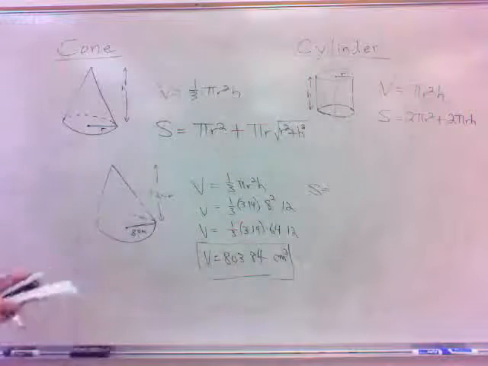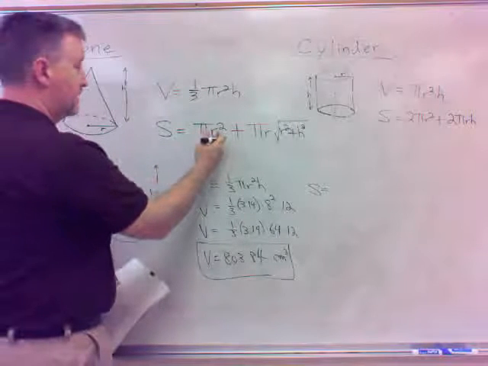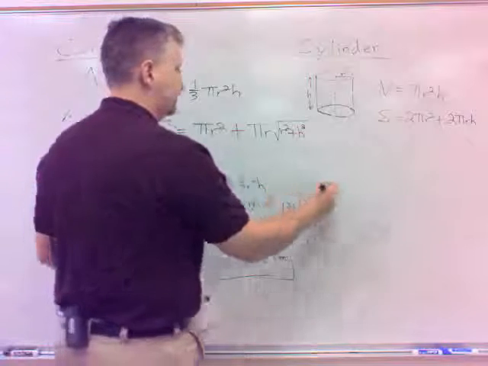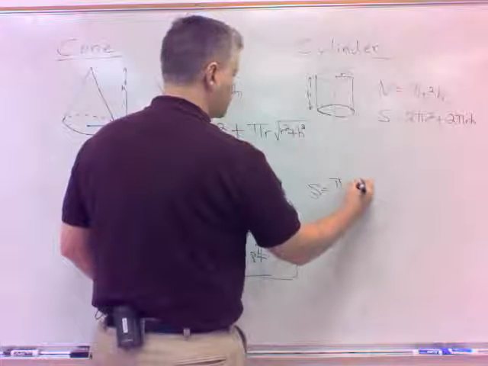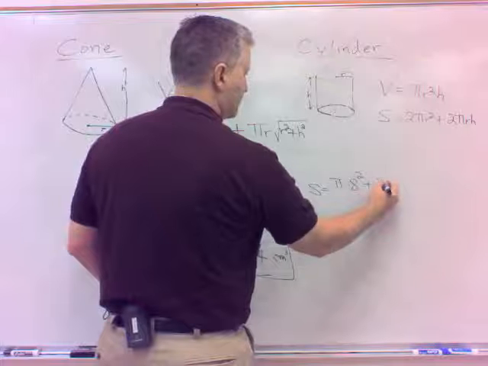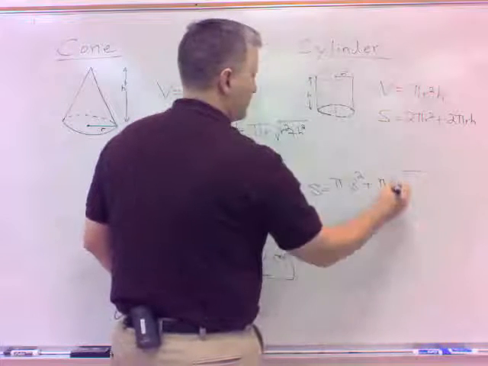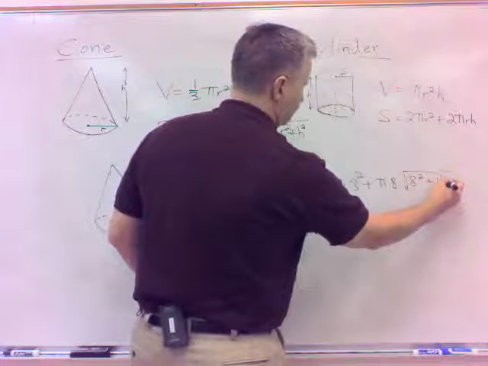Now for my surface area. Well, I'm going to plug in the same things. R's 8 and h is 12. So that's pi times 8 squared plus pi times 8 times the square root of r squared, which would be 8 squared, and h squared, which would be 12 squared.